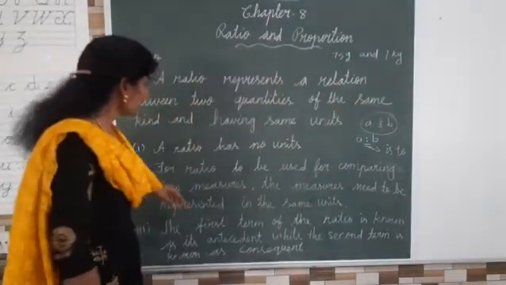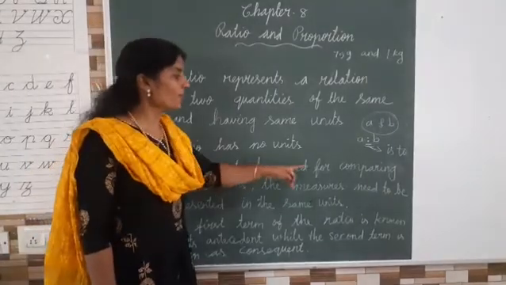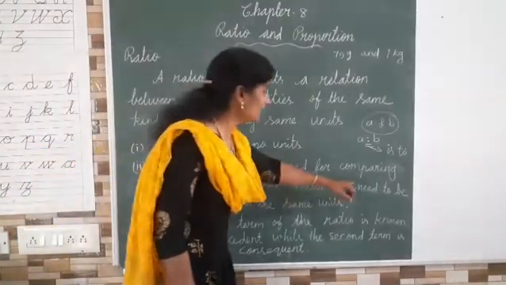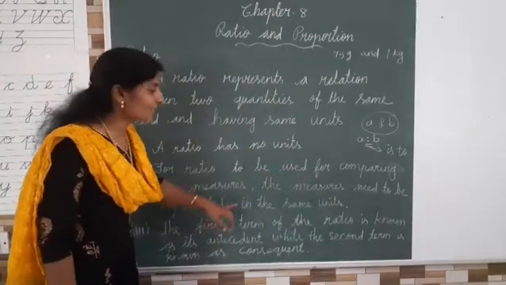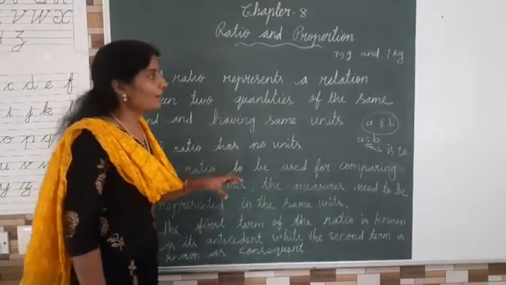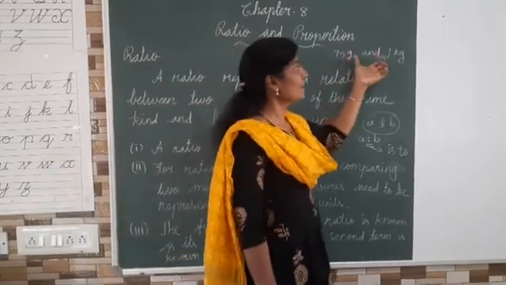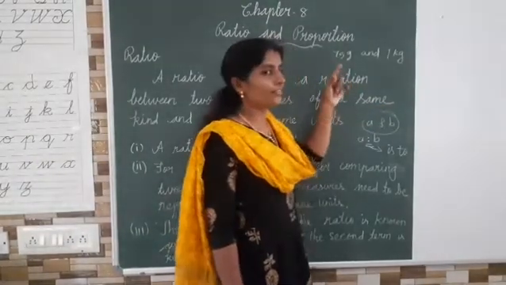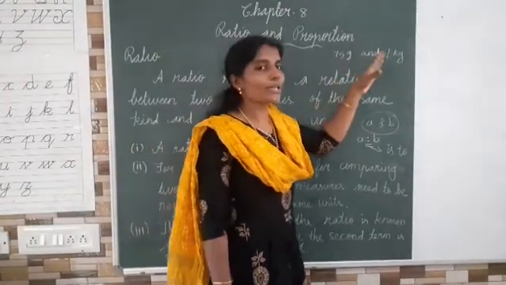The second point: for a ratio to be used for comparing two measures, the measures need to be represented in the same unit. Here we have different units, so we need the same unit. We can convert into gram or kilogram.